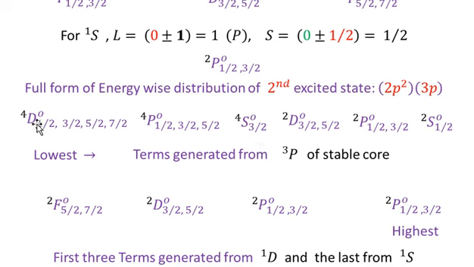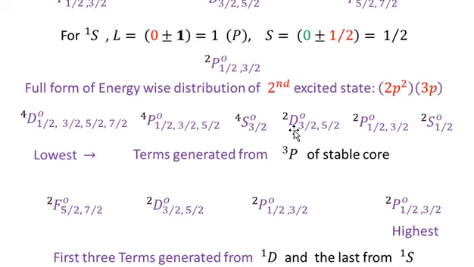Out of these three terms, the 4D term, 4P term, and 4S term, the D term will be arranged at the lowest energy, because it has the highest value of the quantum number, capital L equal to 2, and then the term with capital L equal to 1, and then the term with capital L equal to 0 will be arranged. Similarly, we have the terms with the doublet, or multiplicity equal to 2.